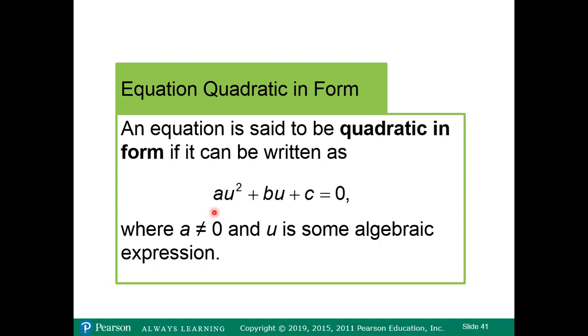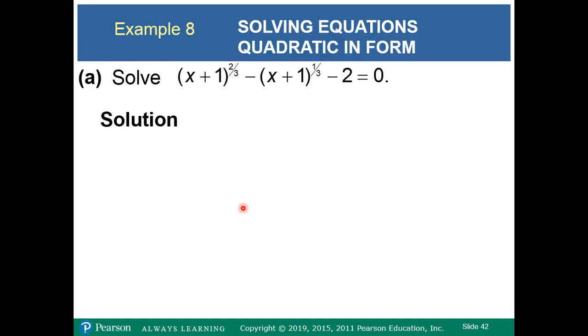And of course, a can't be equal to 0, else this won't work, right? Then what we could do is use everything we know about quadratic equations and solving them, and then solve for u. And then when we're done solving for u, remember, we always have to put it back in the original variable. So let's look at this one.